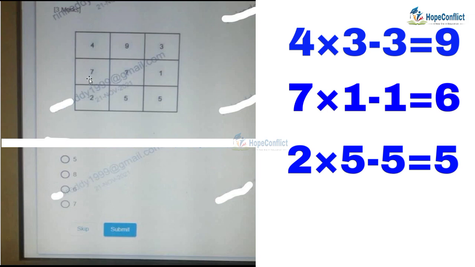Considering row 2, if we multiply the number given in column 1, which is 7, and column 3, which is 1, and subtract 1 from it, we will get the number that we have to find, so it will be 6. Similarly, for the third row, if we multiply 2 and 5 and subtract 5 from it, we will get 5. So for this, the answer is option C, which is 6.